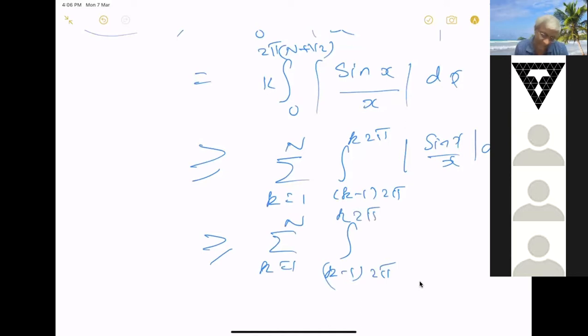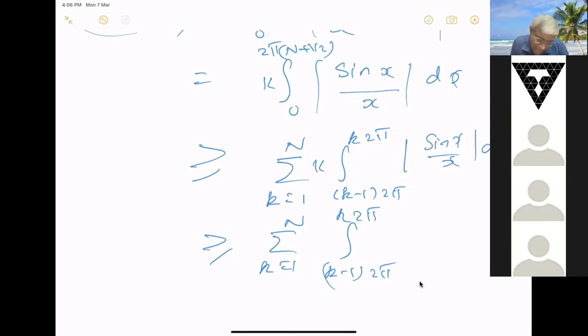I have 1 by x, and I have a capital K here, which is a constant. So I replace it by another k, the value of x at the other extreme. So then I have just sin x dx.